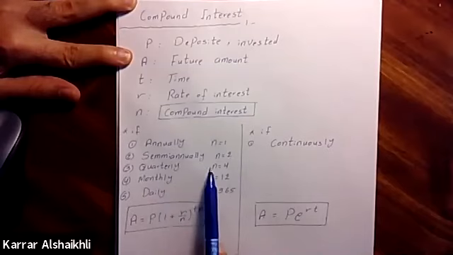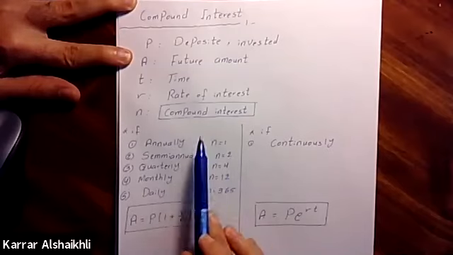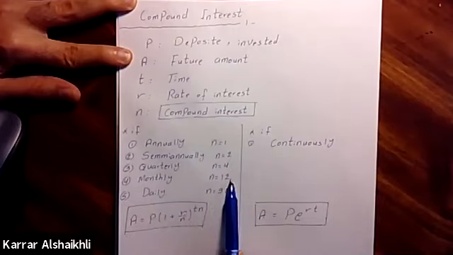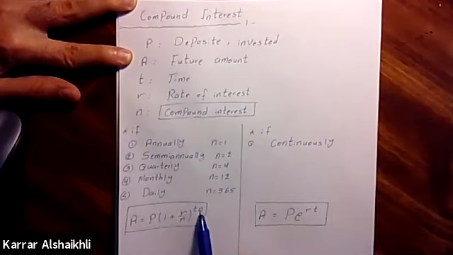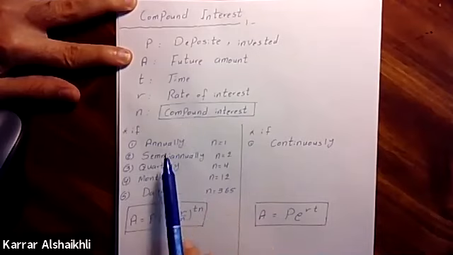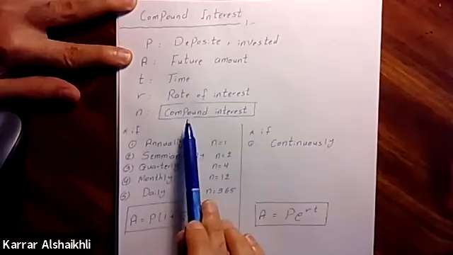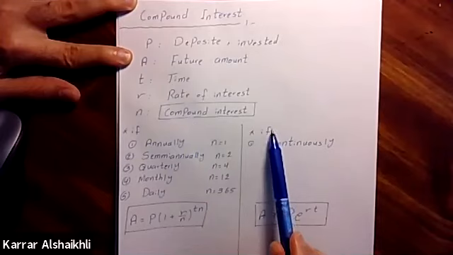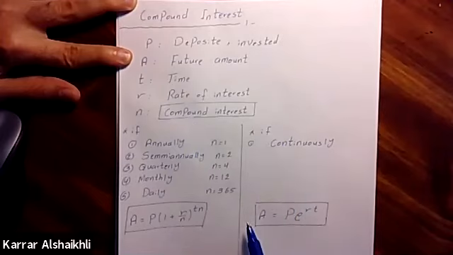Quarterly, that means n equal 4, and use this formula. Monthly, the same thing, n equal 12. Daily, which is n equal 365, and I'm going to use this formula. So if they're telling you annually, quarterly, monthly, daily, you have to know to use this formula. If they're telling you n is continuously, that means I'm going to use this formula.